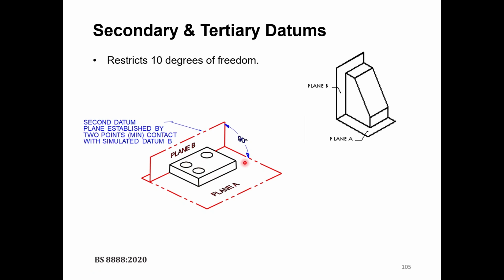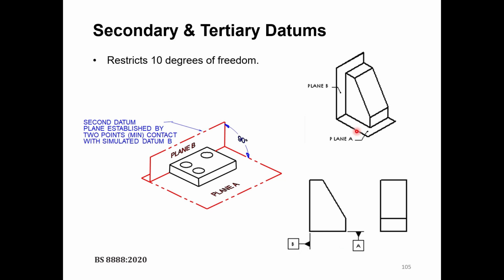Just go back to the 12 degrees of freedom shape and see if we restrict the bottom surface to this plane and the vertical surface, we restrict this back surface here to datum B. So how many degrees of freedom can you restrict? You'll find that they are supposed to be 10.